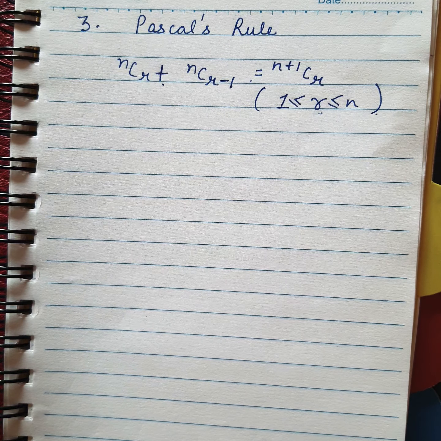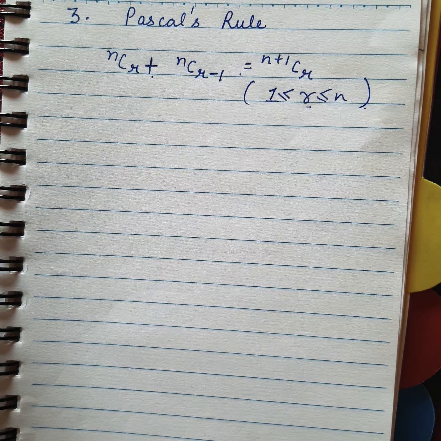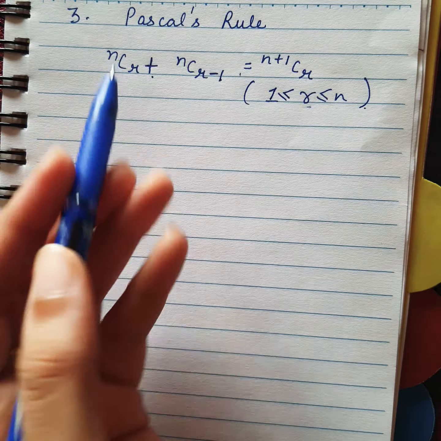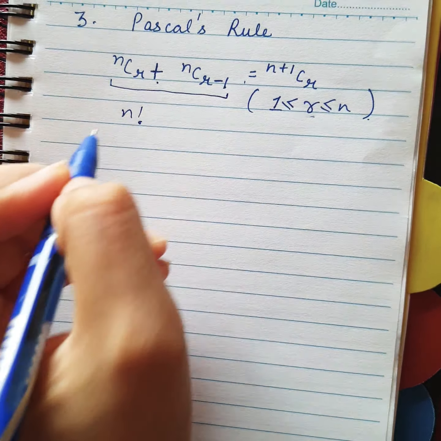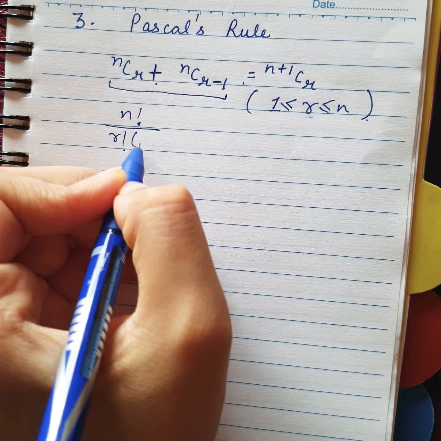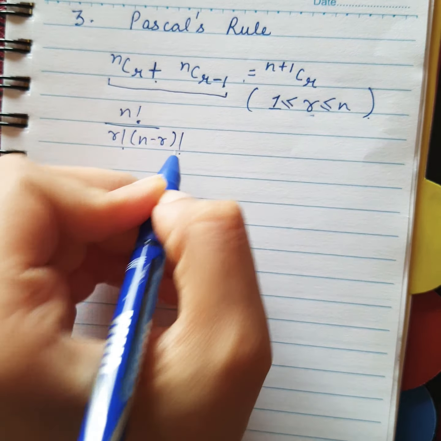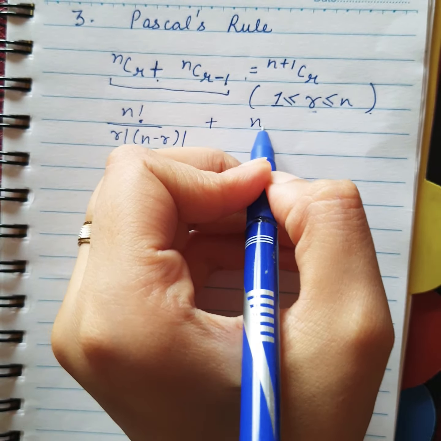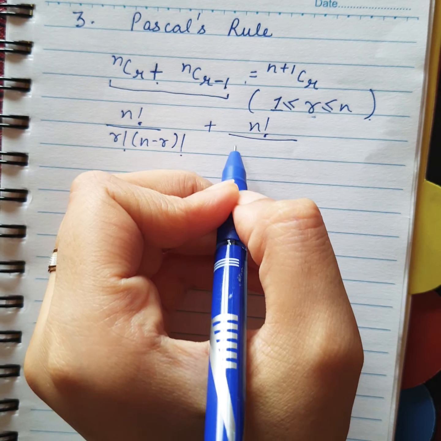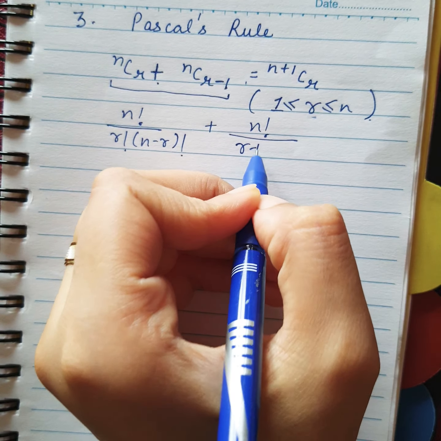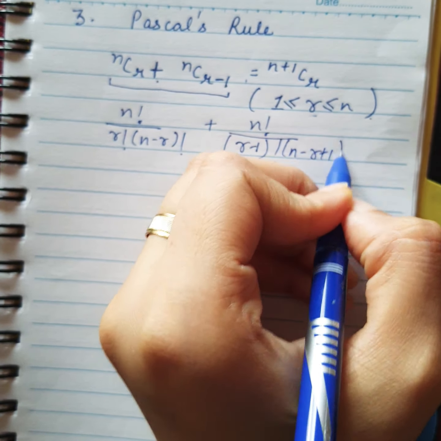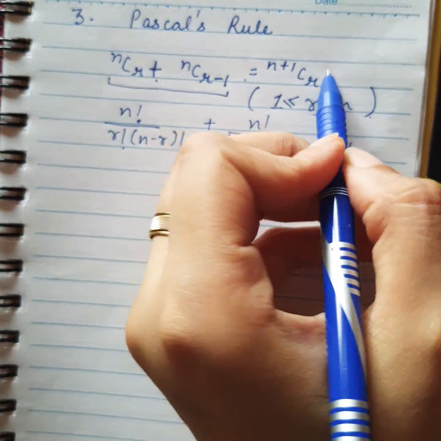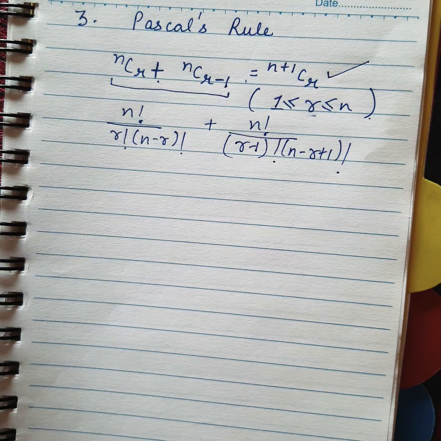You can still do it from the book, but you need not refer to the book. Directly apply the formula. If I open n factorial over r factorial times n minus r factorial, only the formula of combinations I am opening, plus n factorial over r minus 1 factorial and n minus r plus 1 factorial, you keep opening this, you will get this as the RHS.